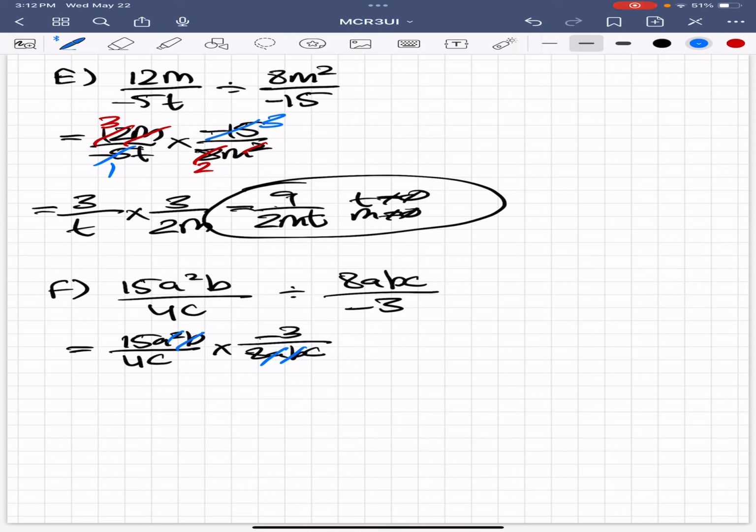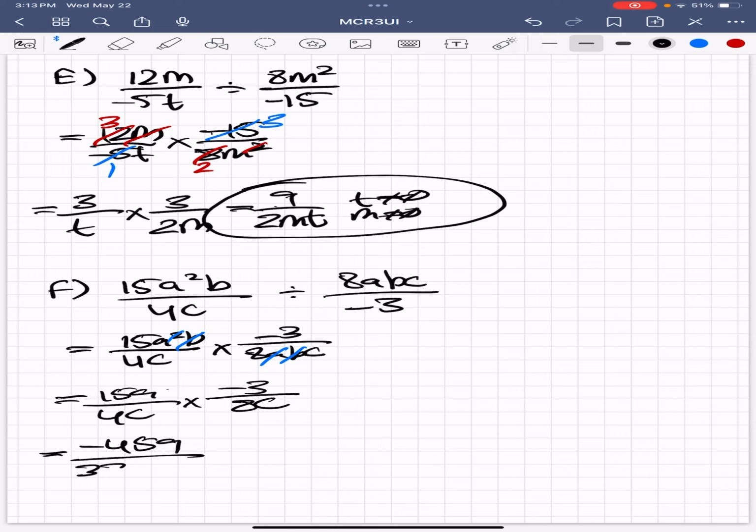I can cross out the a and the 2. And again, a, b, and c cannot equal 0.